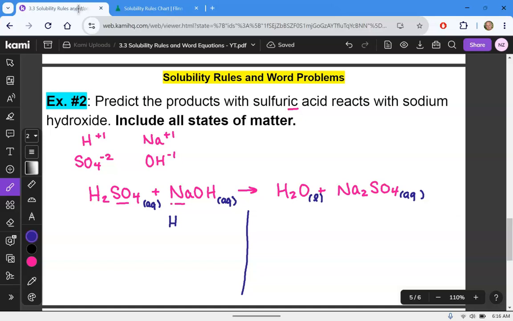So we have hydrogen, we have oxygen, we have sulfate, we have sodium. When you're counting up your hydrogens, be careful because on the left-hand side, hydrogen is in both our sulfuric acid and our sodium hydroxide. So I have to count it in both places. I have 2 from my acid and 1 hydrogen in my base, so that's a total of 3.